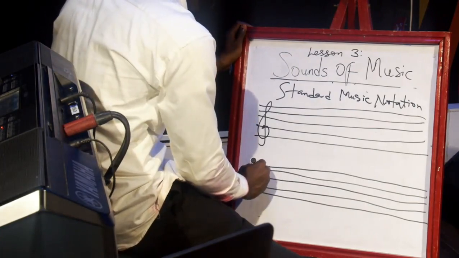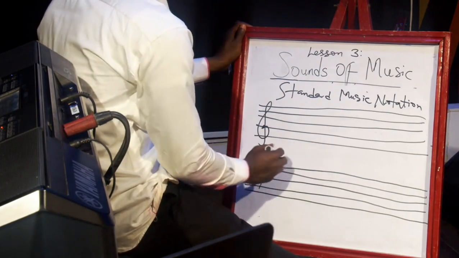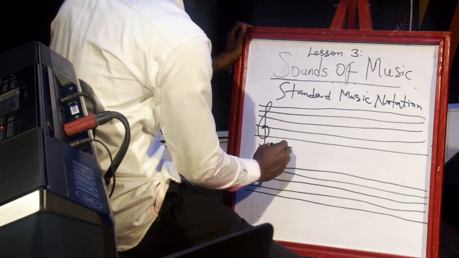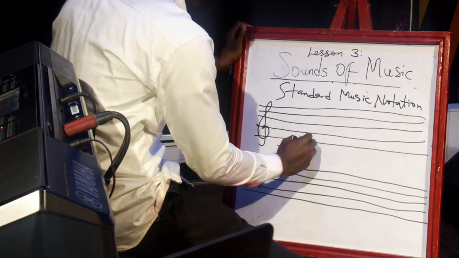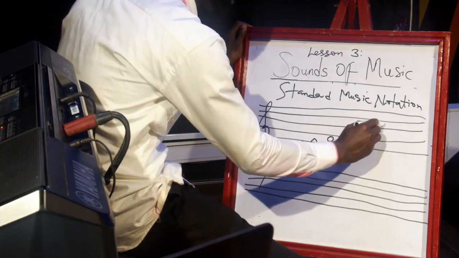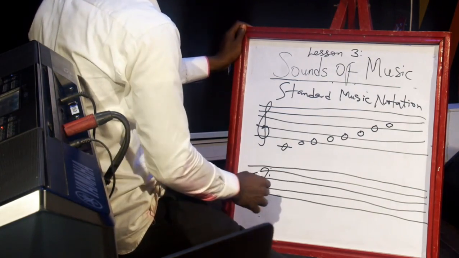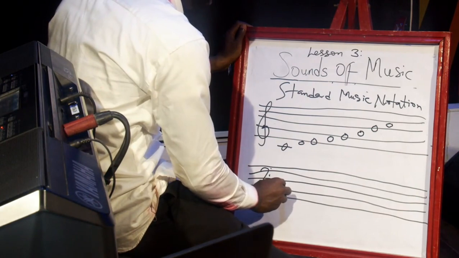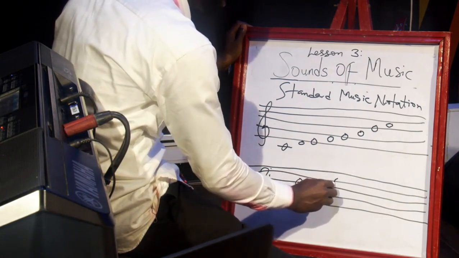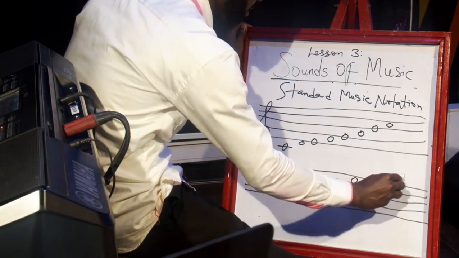Do, re, mi, fa, so, la, ti, do. So here on the staff, this is letter C, which is what? Do. And this is re, mi, fa, so, la, ti, do. Now, on the bass clef, this is letter C, do, re, mi, fa, so, la, ti, do.